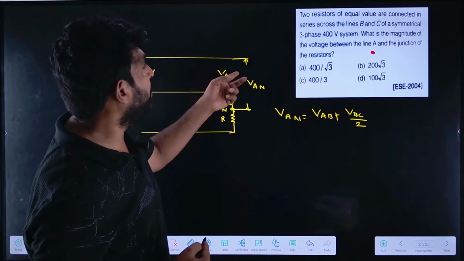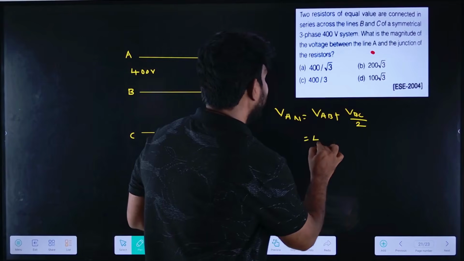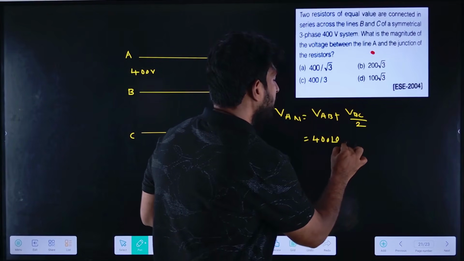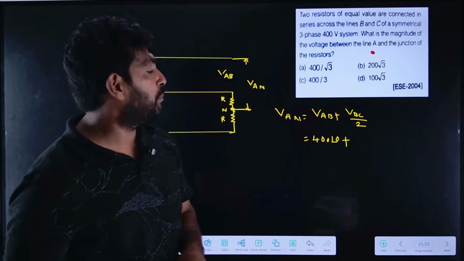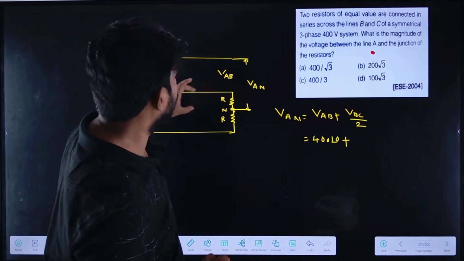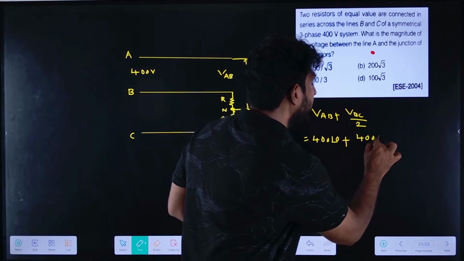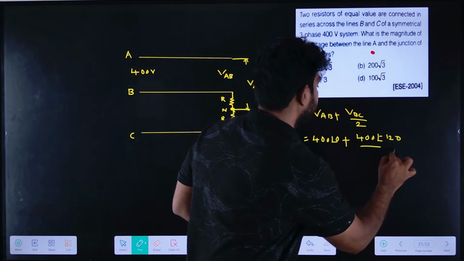What is VAB? VAB is already given, which is 400 at an angle 0, plus VBC divided by 2. What is the VBC value? VBC is 400 at an angle of minus 120, divided by 2.